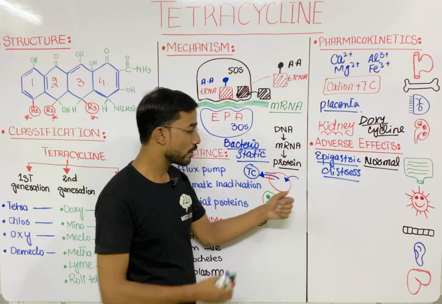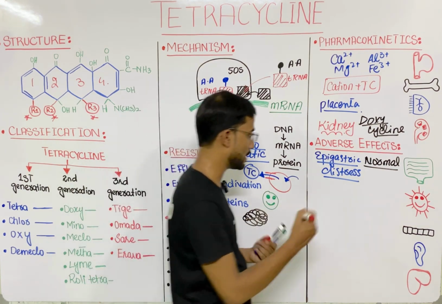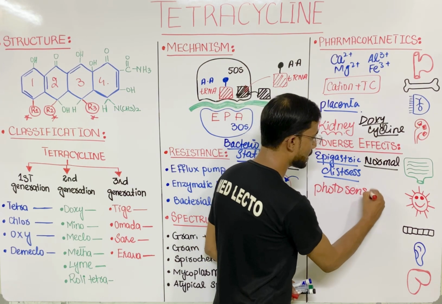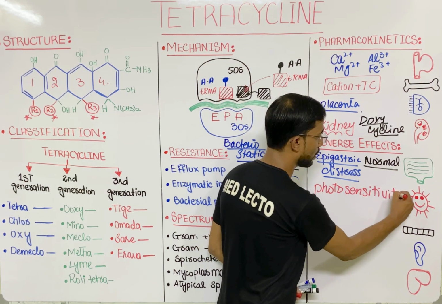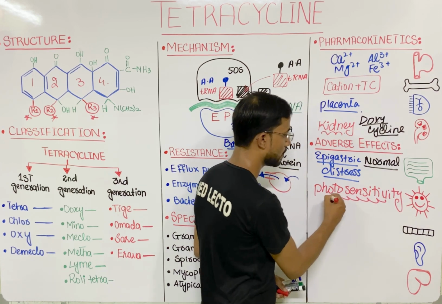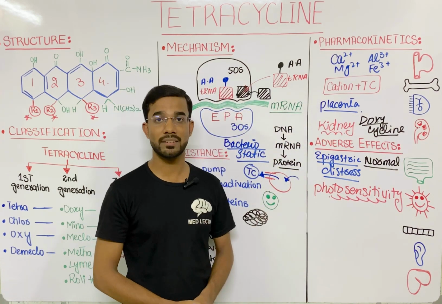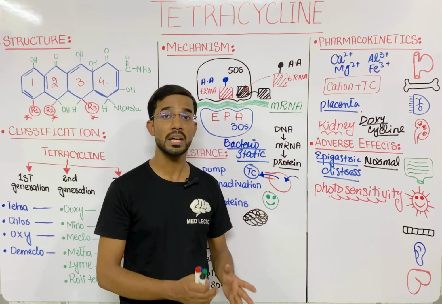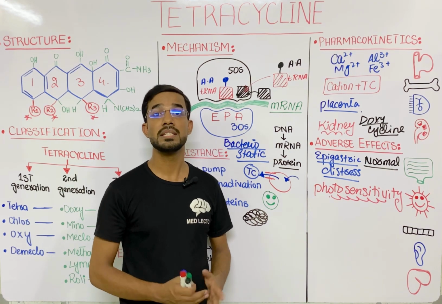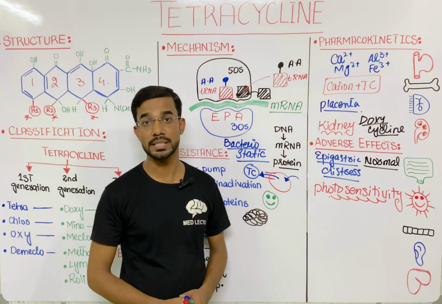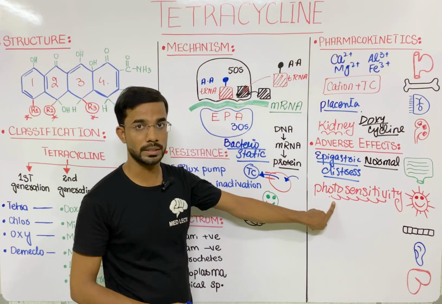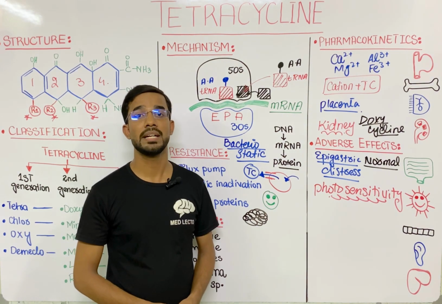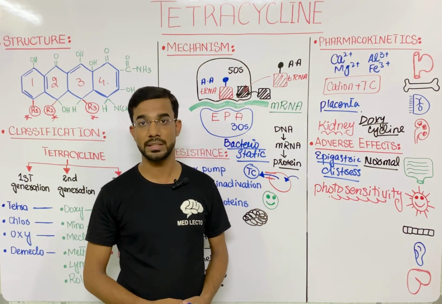Okay. You can also see the photosensitivity. Those patients who take the tetracycline can be affected by the sun, because in that case you will see the sunburns or the rashes on the skin. That is the important thing. Next you will see the depositions of the tetracycline in the bone and the teeth.